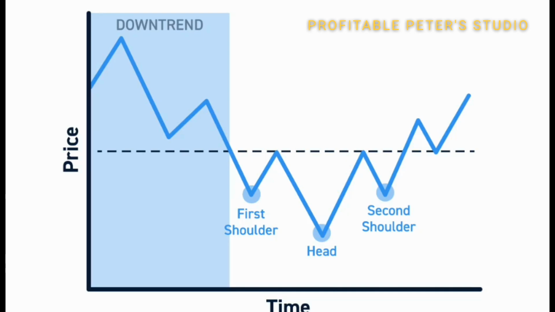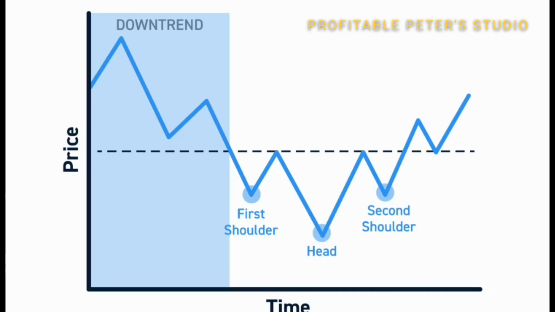Now this point is on a downtrend, and it has gotten to a point where it would have to reverse and go to the upside. And then you see this inverted head, first shoulder and second shoulder. The buyers push the price to this resistance, and the sellers push it down here and form the second shoulder.